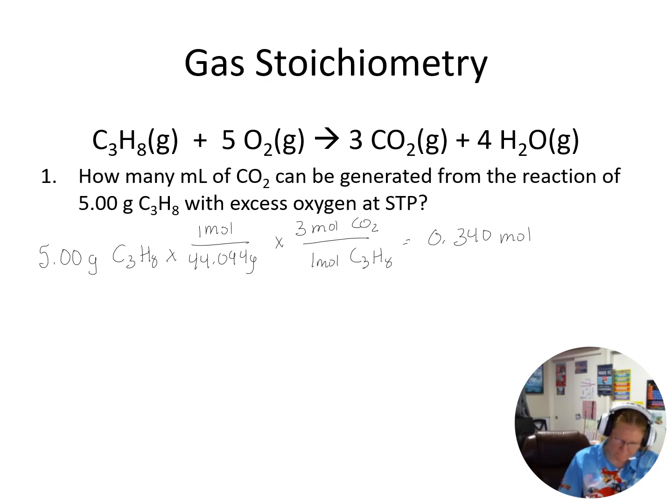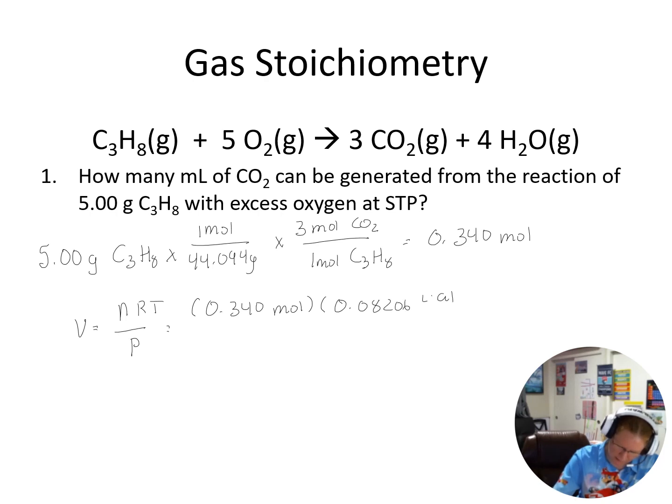I'm going to get 0.340 moles. Okay, I want a volume, so that's nRT over P. So I have 0.340 moles, 0.8206 liter atmosphere per mole Kelvin. I'm at STP, so I have 273.15 Kelvin.